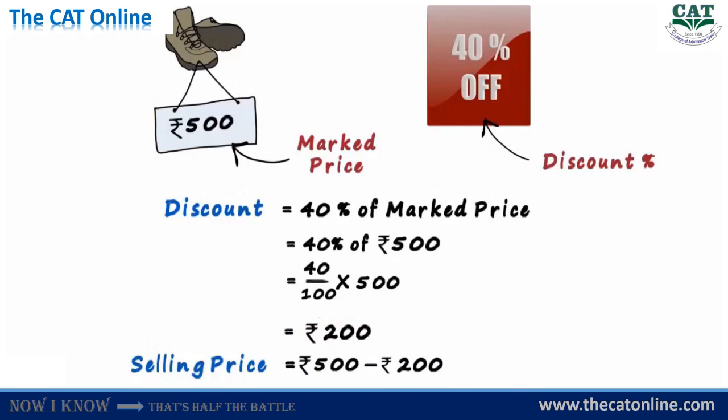This tells us that because of the discount, you end up buying the shoes at 300 rupees. Remember, the marked price is the price on the price tag and the selling price is the final price at which you will buy that product after factoring in the discount. And if the discount is given to you in percentage terms, it means that it is a percentage of the marked price.